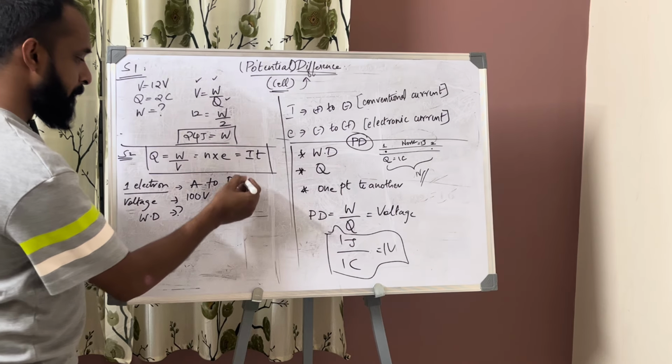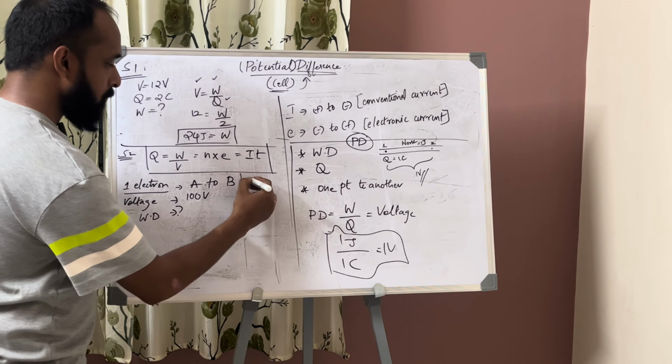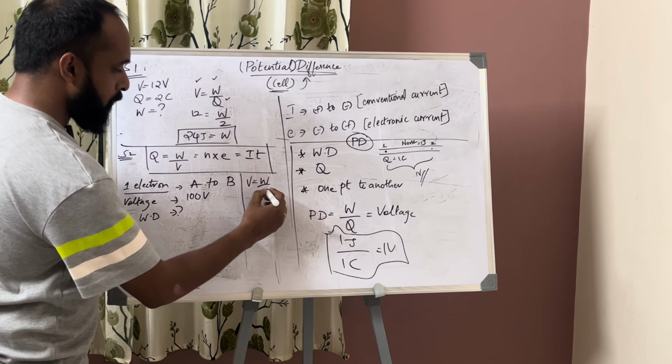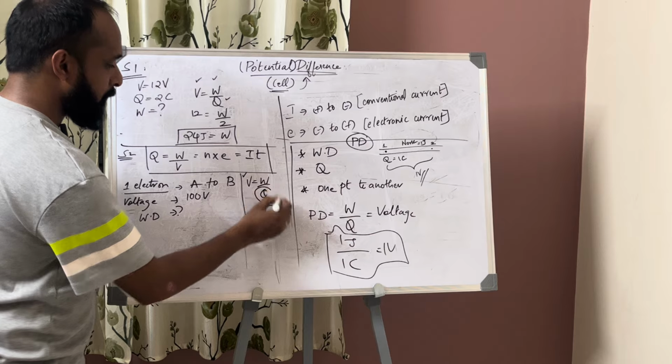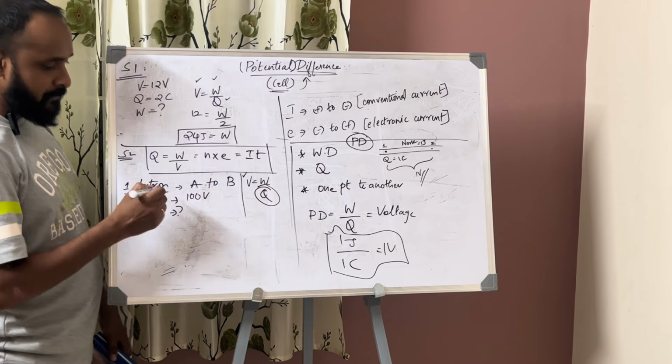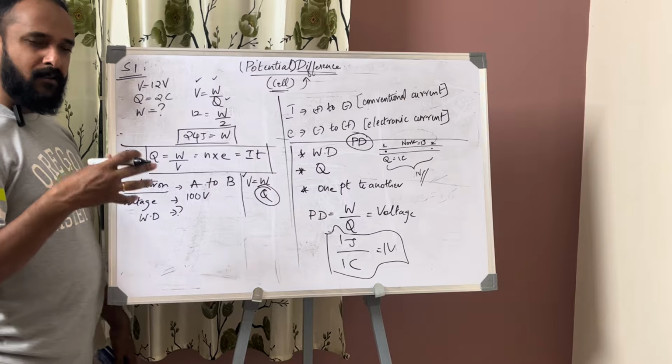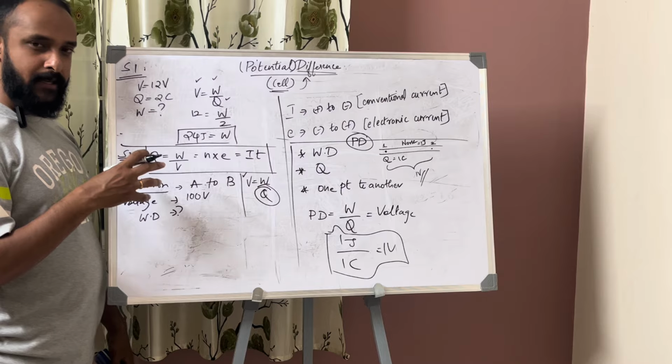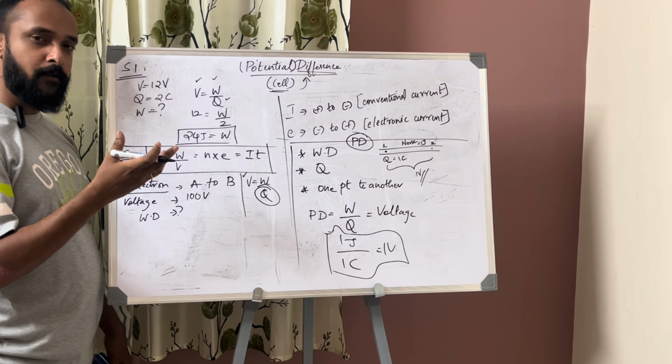What formula will we be using? The same formula, right? Which is V is equal to W by Q, where we have V, but do we have Q? Q will be in terms of charge, but what do we have here? We have electrons.